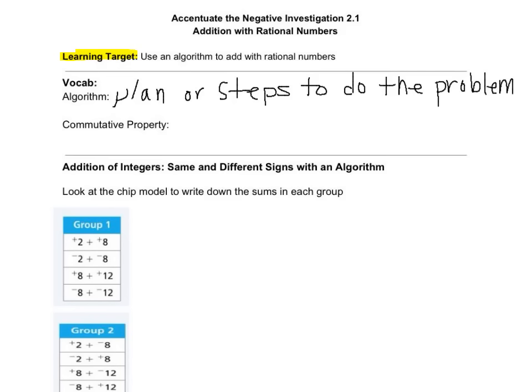One way that we can help make the problem a little bit easier, depending on the numbers that we have, is to use the commutative property. The commutative property is for addition, and it allows you to move numbers around.